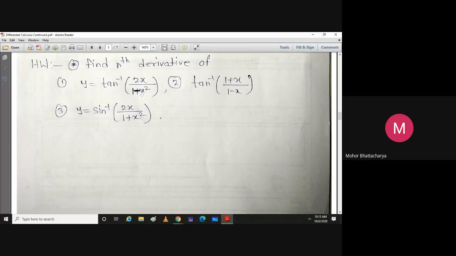Sir, what to substitute for second and third? There is no other substitution than x is equal to tan phi.